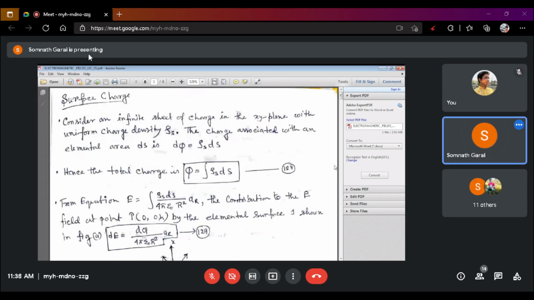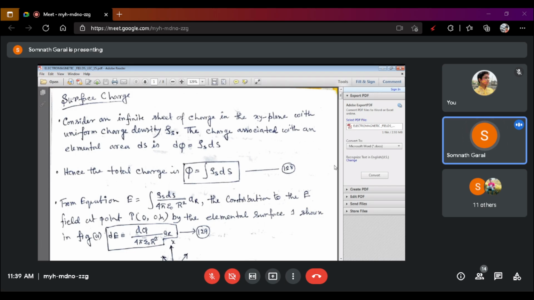Now consider infinite sheet of charges which is situated in the xy plane. That's the figure. Whose uniform charge density is rho s. That means that in the whole plane, the charge density is uniform. That means there is no charge discrepancy in any points of the plane or any points of the area, right?